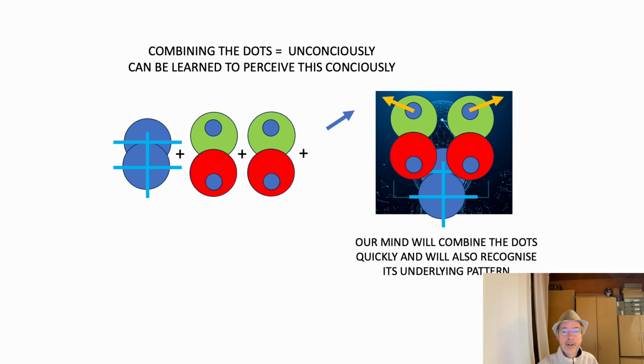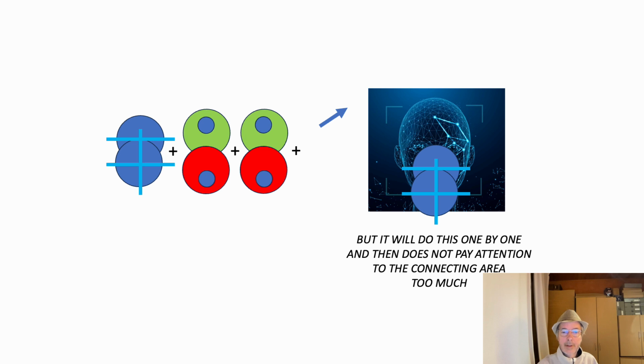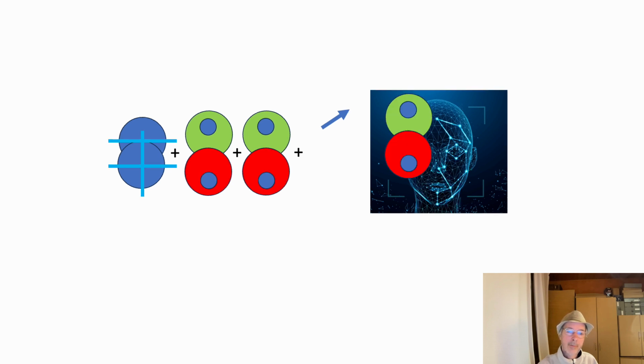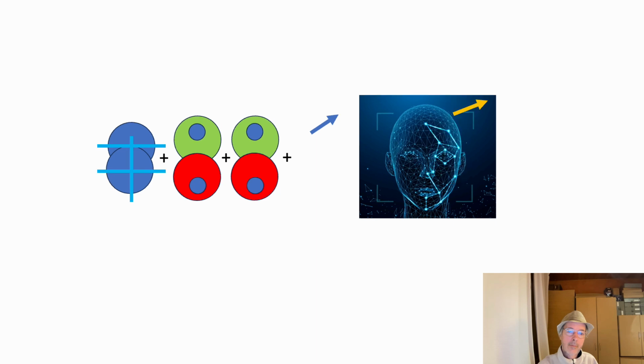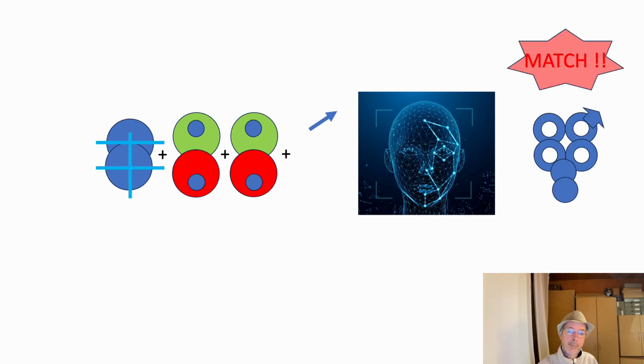So this kind of connection leads to a pattern of recognition, and we connect the dots. Not immediately, so we don't see the full thing. We do that separately by checking out the features of the object that we try to focus upon. So we will pay attention not so much to how it is connected, but to where we can recognize the separate parts, until we find a match, and then we immediately associate the correct object, subject, or direction with it.